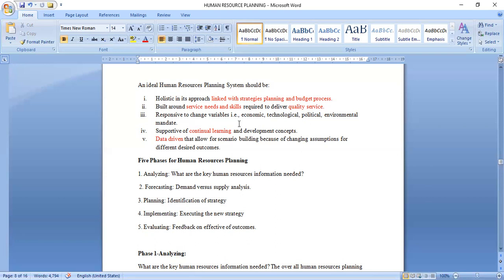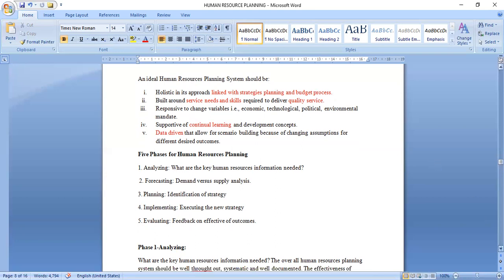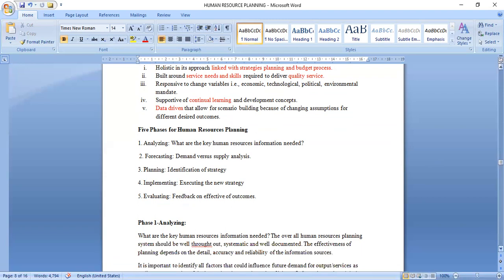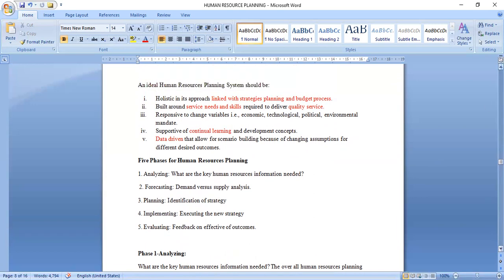So environmental laws also have a lot to do with determining the human resource planning activities of organizations. So a human resource planning system should take all these into consideration.